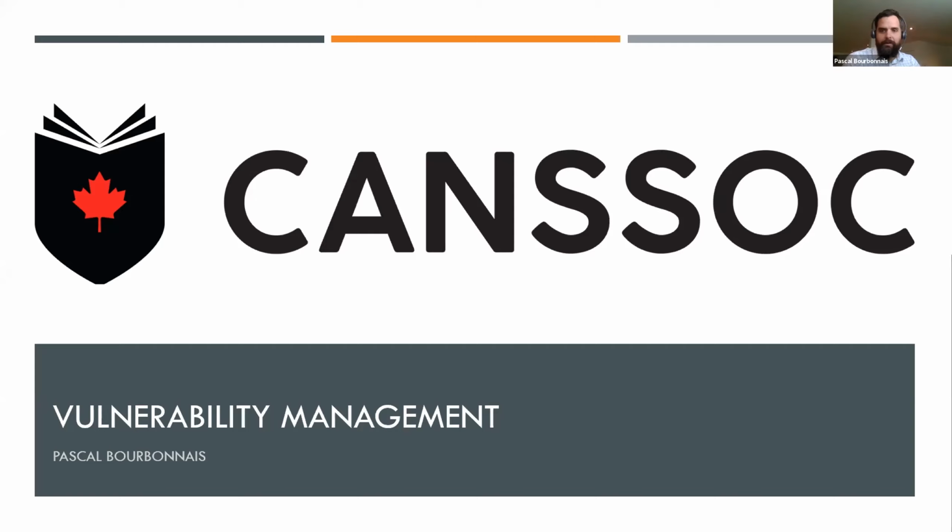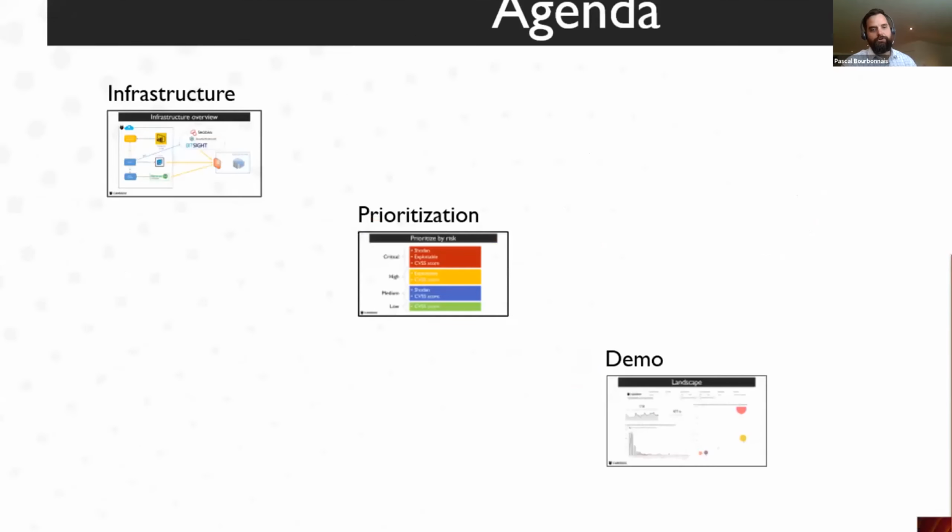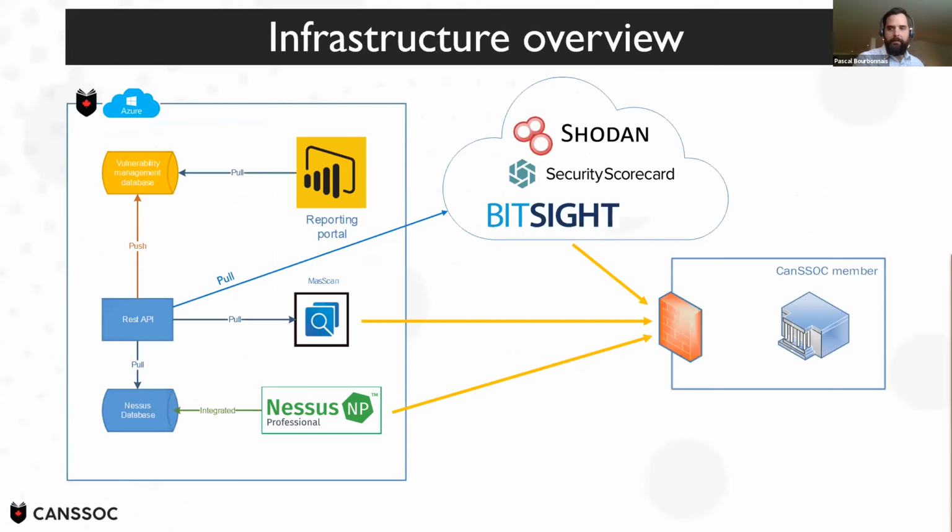Okay, so I'll start with a basic overview of our vulnerability management system, the infrastructure, how it is made. It's basically made from some Azure VMs. We have Nessus and Masscan scanners to discover ports of our members, and we're using Nessus to do the vulnerability assessment or scanning of the members.